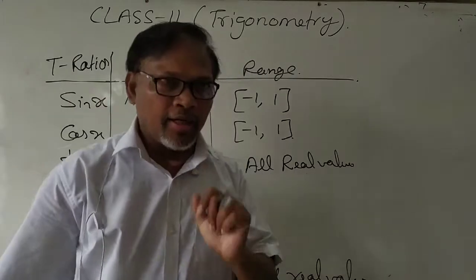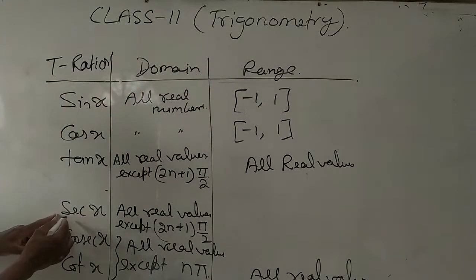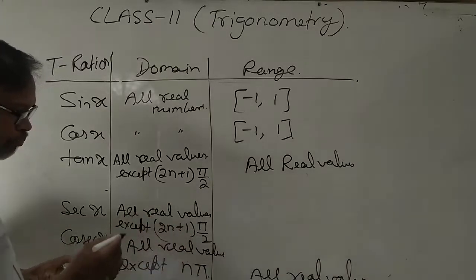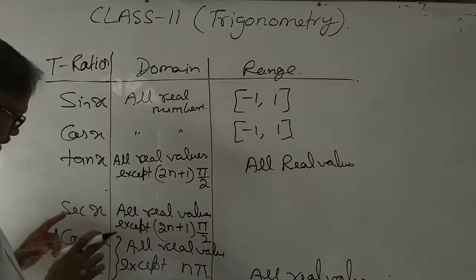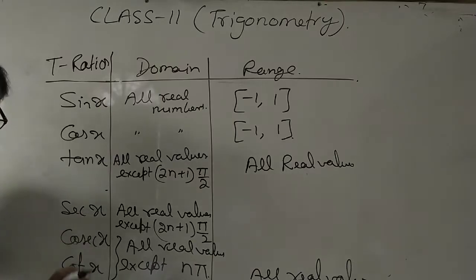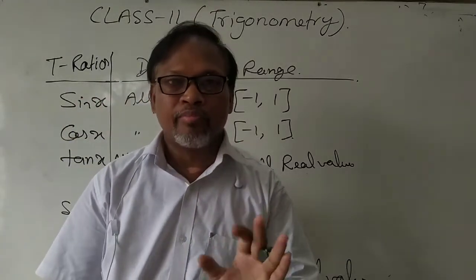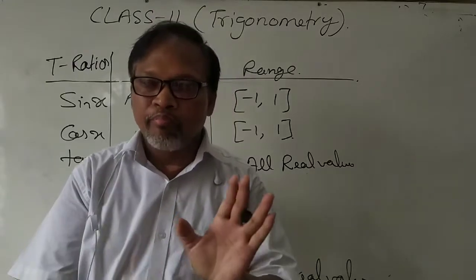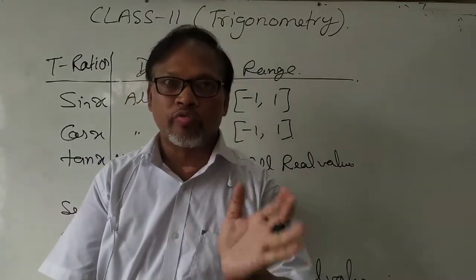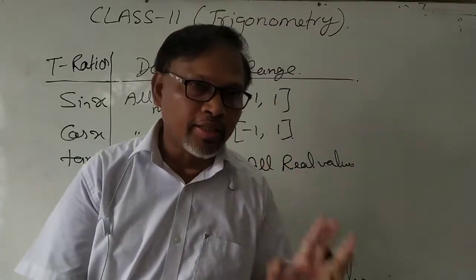But for sec and cosec, for sec, values between -1 to 1 will not come, meaning -1 and 1 do come, but between -1 to 1 no value will come.